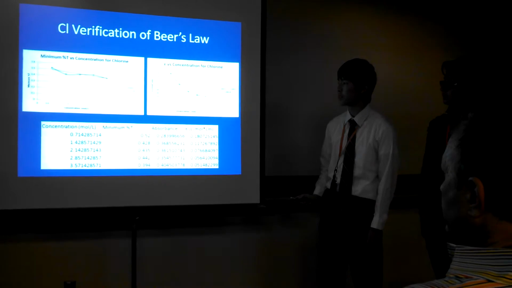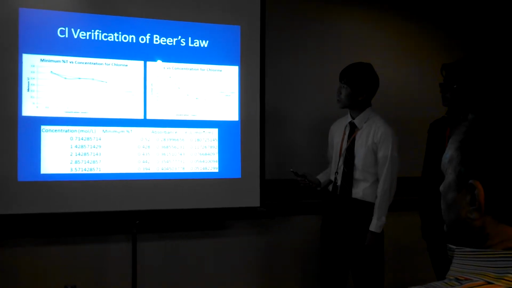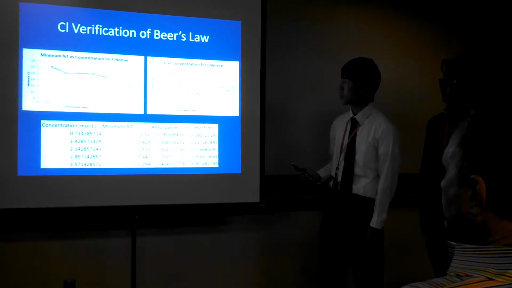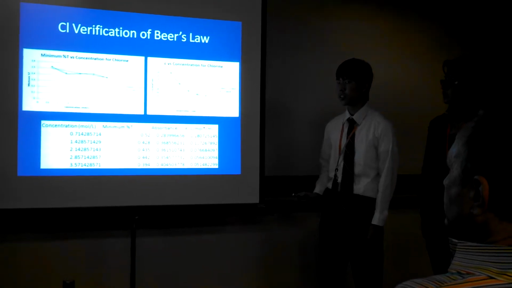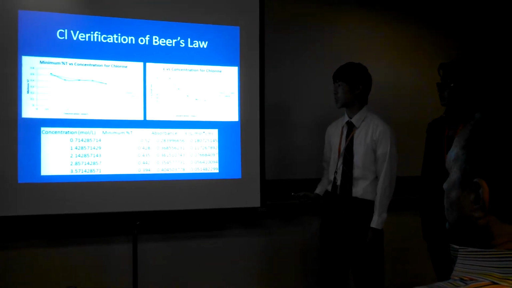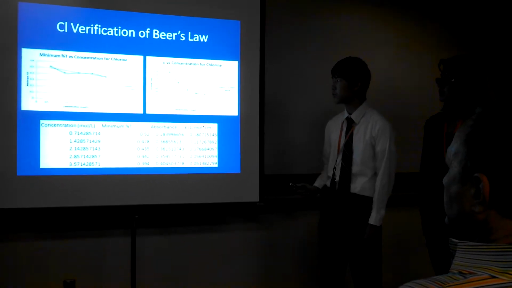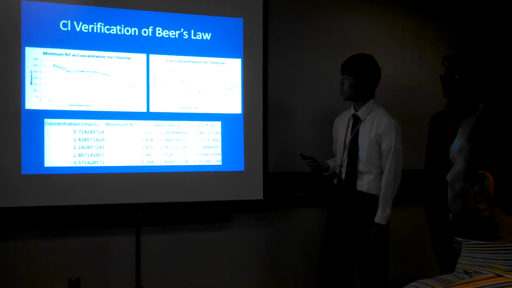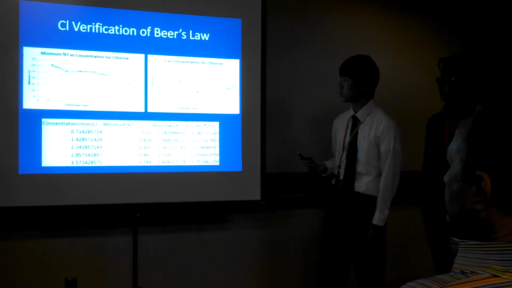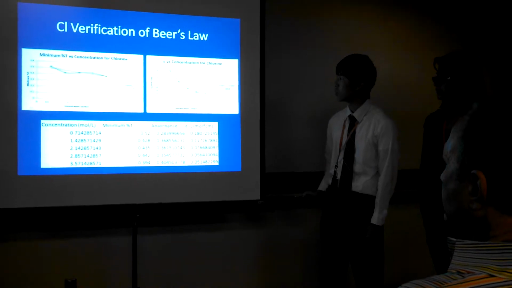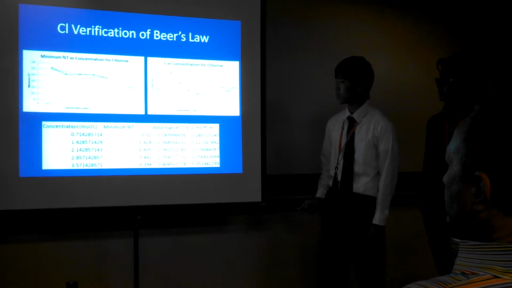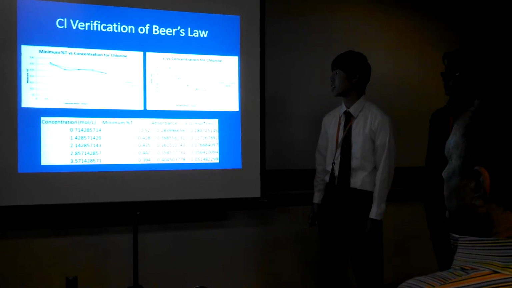So 0.65 is pretty good. Then we plotted epsilon versus concentration. If Beer's law was correct, epsilon would be constant and there would be 0 slope. Although we didn't get 0 slope, we got pretty close to 0, 0.0447, and this was probably due to experimental error.